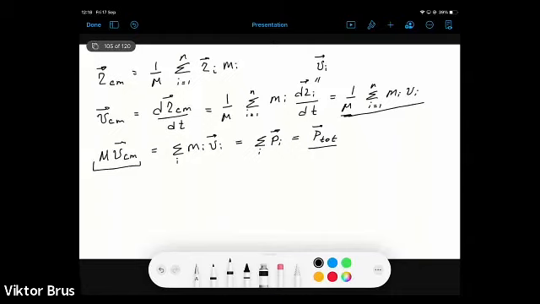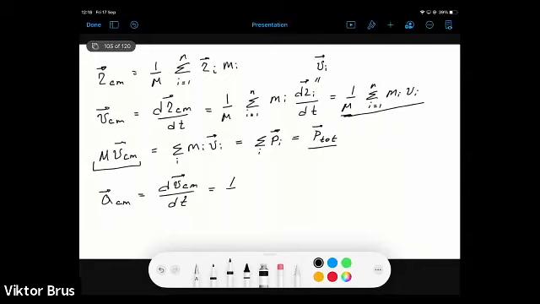And next step, obviously, we can proceed to the acceleration vector of the center of mass. So the acceleration vector of the center of mass is equal to the first derivative of the velocity vector over time.